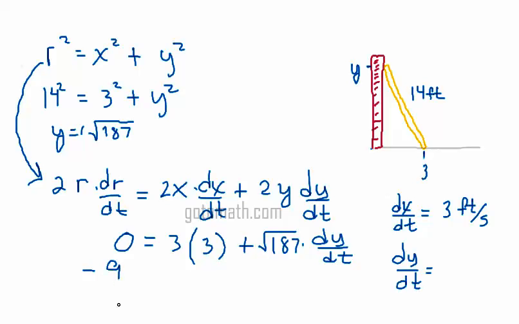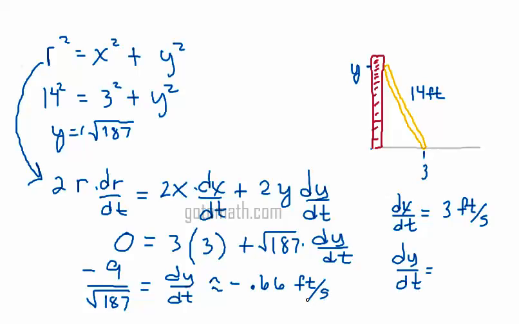So we get negative 9 over the square root of 187, and that is equal to dy over dt. Approximating that, it is negative 0.658 and so on, but we'll round that to 0.66.